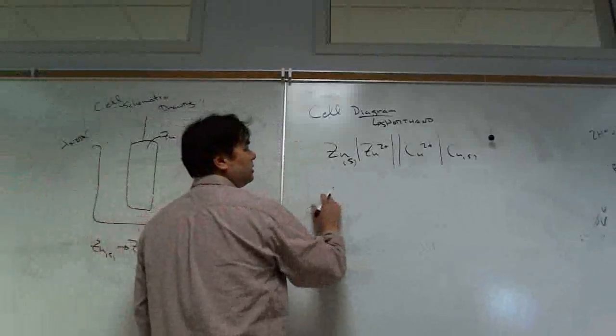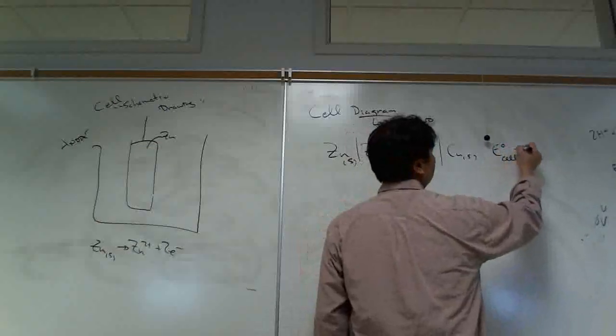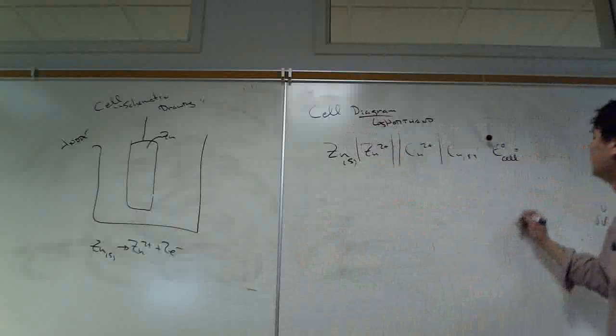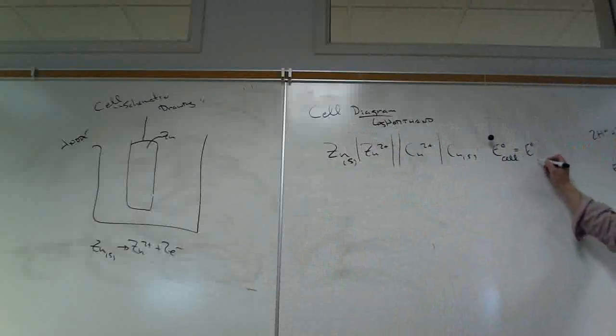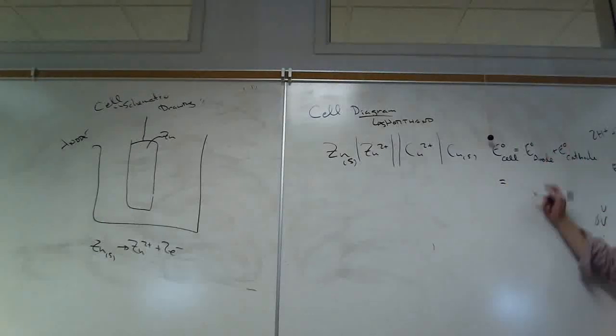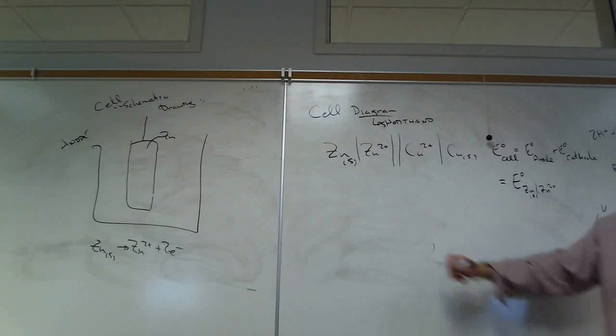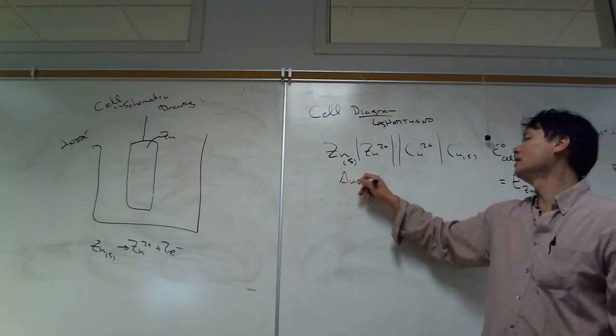So under standard conditions, how many volts is this? E of the cell is going to equal E of the anode plus E of the cathode. When we look at the anode, we have a shorthand way of representing that. The anode is going to be Zn solid goes to Zn2+, like that. And so over here, we represent the anode like this.